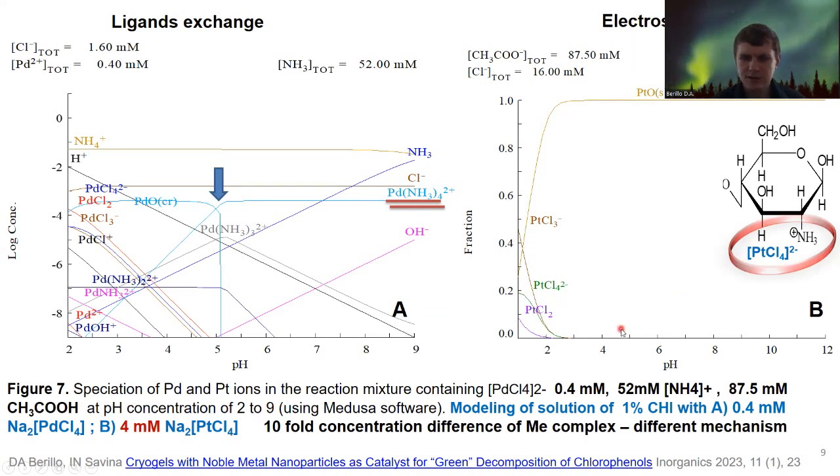This also confirms that for formation of gels, we need to use only 0.4 millimole in case of the palladium complex, and we need approximately 10 times more of the platinum complex for formation of the gel with the hydrazine. This difference is due to the fact that in case of platinum we have only electrostatic interaction, and in case of palladium, we have electrostatic interactions and also a chelation process, ligand exchange process.